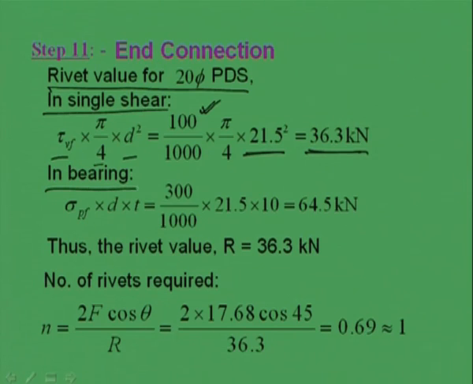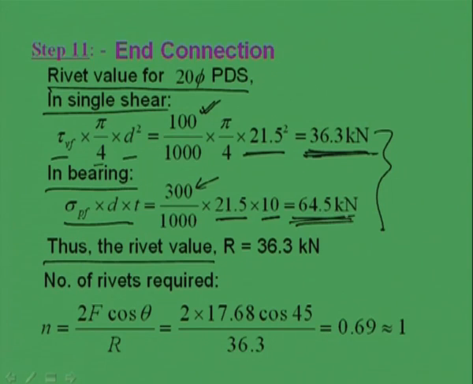Similarly, in case of bearing, the rivet value will be sigma Pf into d into t, where sigma Pf is 300, this is d and t is the thickness of the lacing. So, this is becoming 64.5 kN, right. So, now the rivet value will be the lesser of these two, 36.3 kN and 64.5 kN. So, the lesser of these two is 36.3 kN.